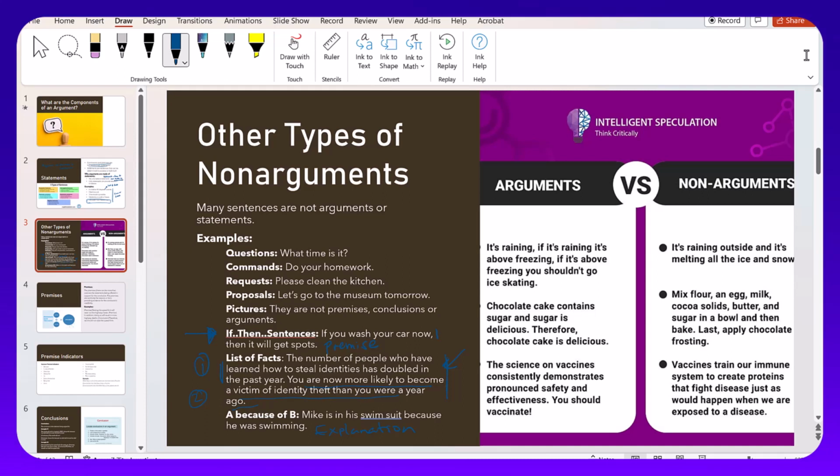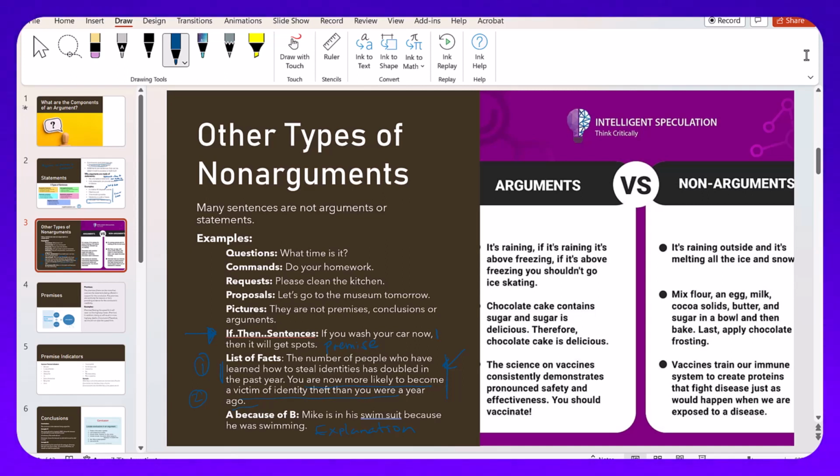And then the next one, Mike was swimming because he's in his swimsuit. The second one, that one I just read, offers an argument that Mike was swimming, right? Mike is in a swimsuit because he was swimming versus Mike was swimming because he's in a swimsuit.